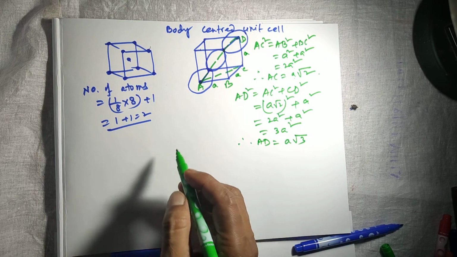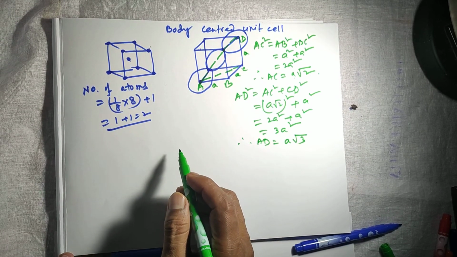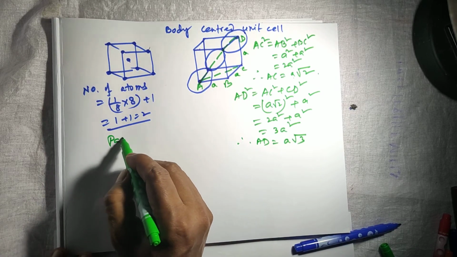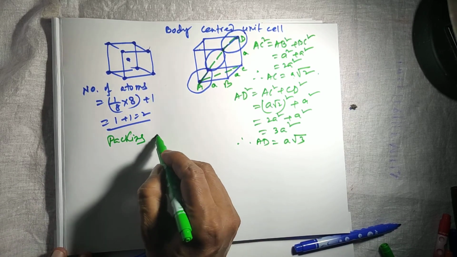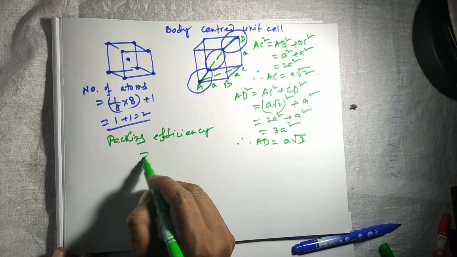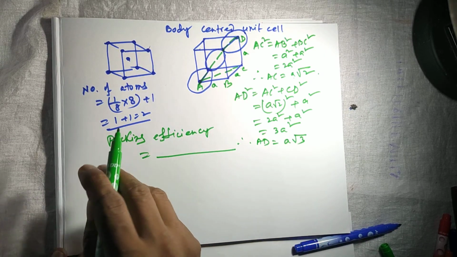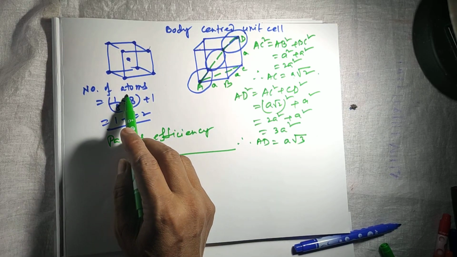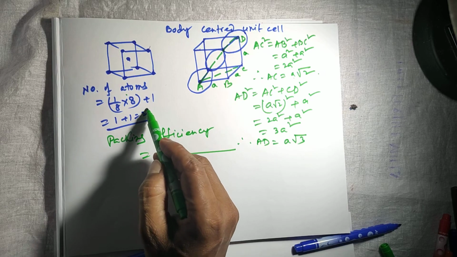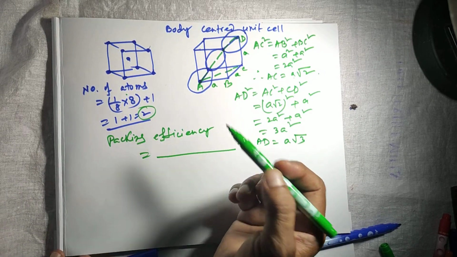Now I am going to calculate the packing efficiency in case of body-centered unit cell. Packing efficiency will be the volume occupied by atoms. There are 2 atoms in case of body-centered unit cell.